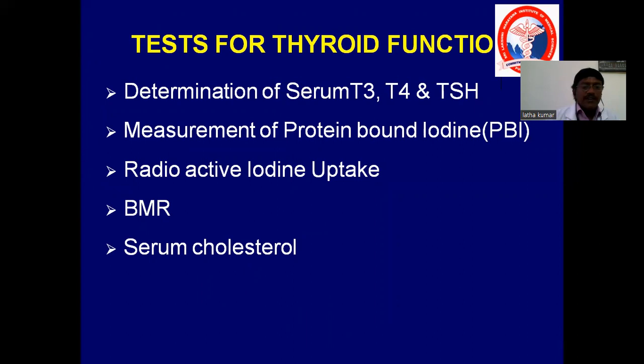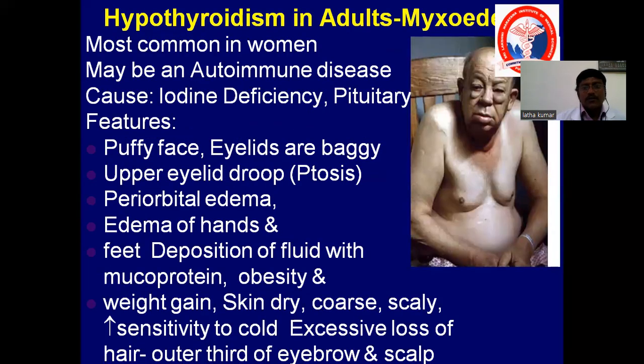Another method is the measurement of protein bound iodine, PBI, as well as radioactive iodine uptake, and checking the basal metabolic rate. As I already told, if it is less, there will be increased cholesterol. If it is more, there will be decreased cholesterol. So by looking at the serum cholesterol also, we can identify thyroid hormone excess or deficiency.